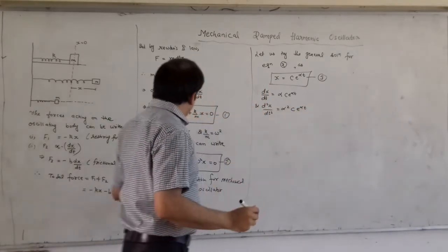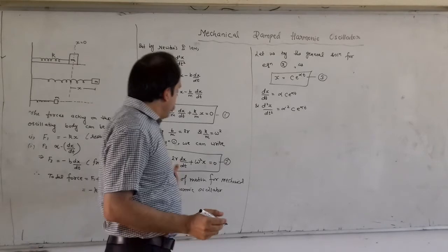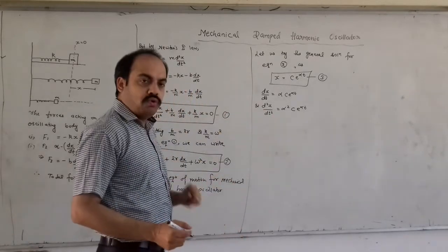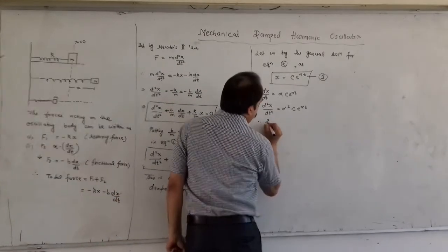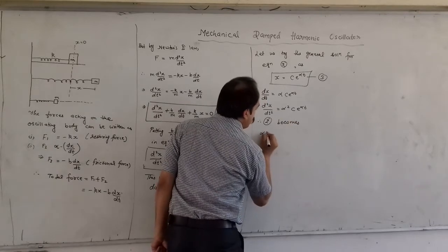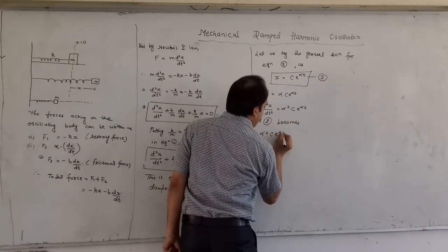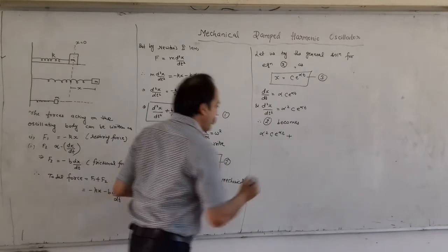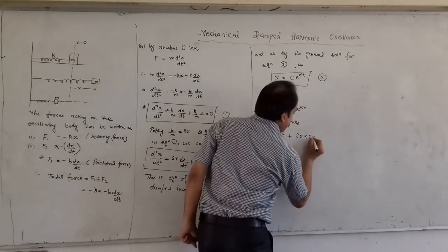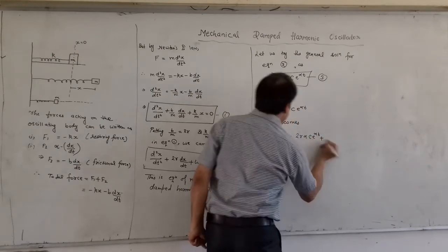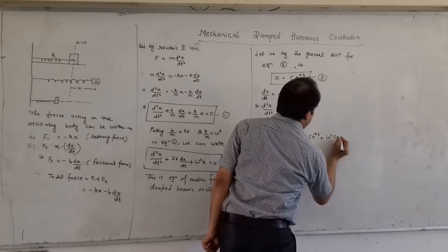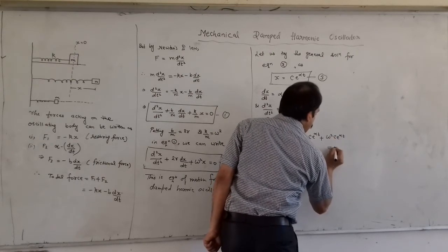Putting the values of d2x upon dt square, dx upon dt and x in equation number 2, we get alpha square c e to the power alpha t plus 2r alpha c e to the power alpha t plus omega square c e to the power alpha t equal to 0.